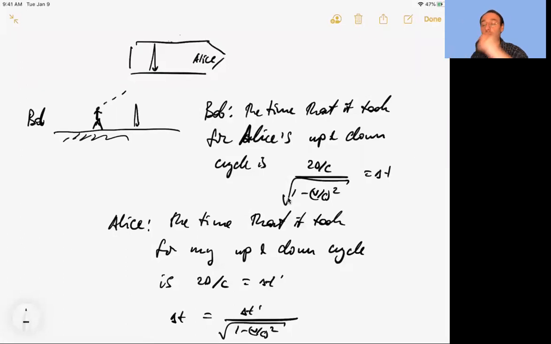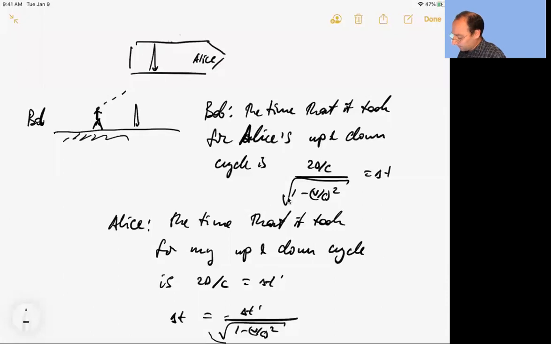The two events don't have to be the beginning and the end of a light cycle. It could be the time that it took for Alice to eat a sandwich. It could have been 1 trillion light cycles, and that would be delta t prime. And according to Bob, it would be 1 trillion light cycles times this extra factor.